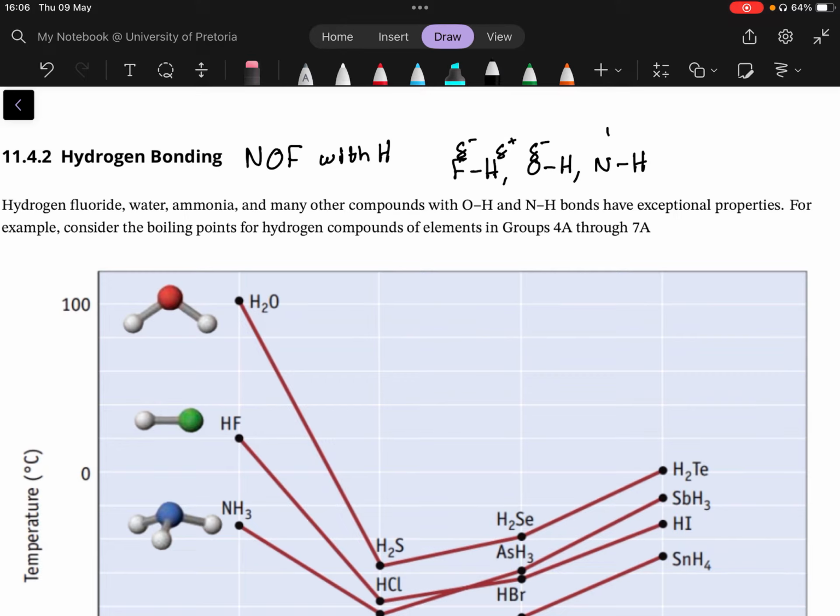So the other part of the molecule that also has an H and an N will be able to interact with one another. And we normally indicate this with little dots. So that black line there is not right, but you have little dots to indicate that there's no formal bond, but there's a very strong interaction there.